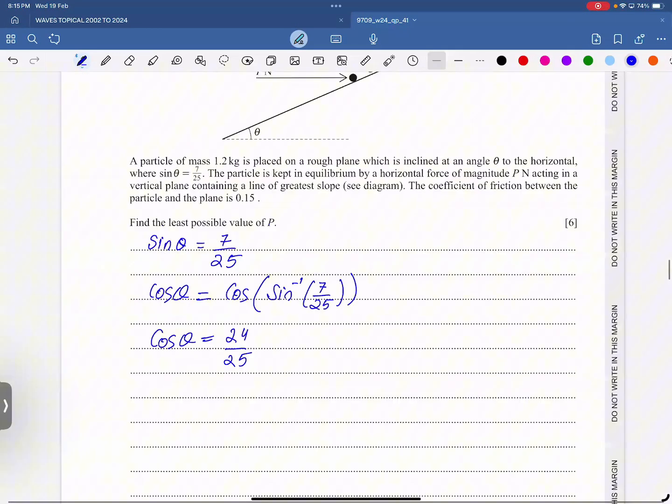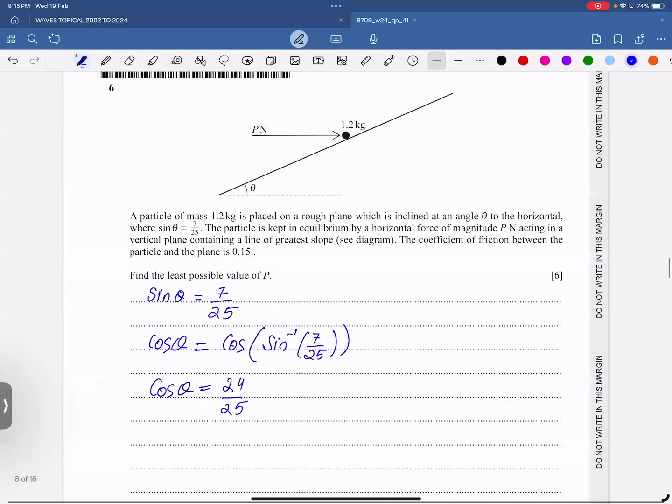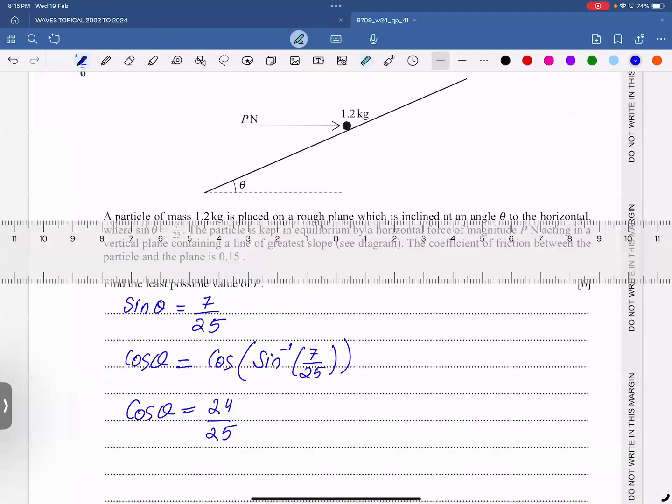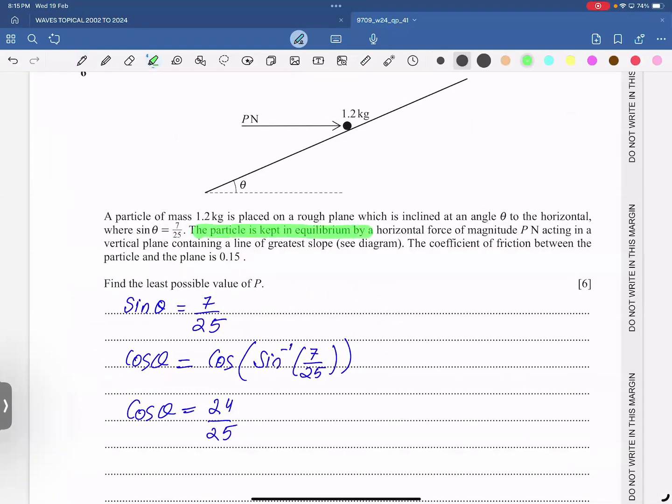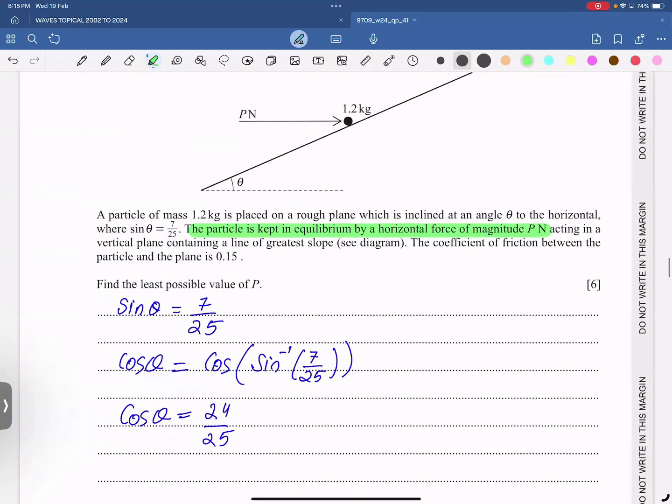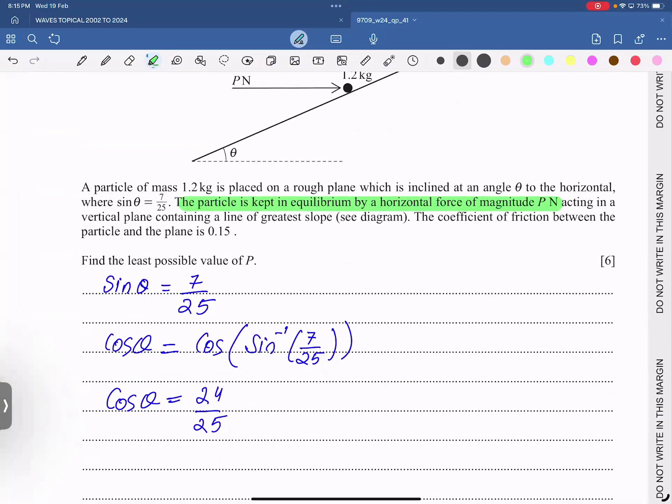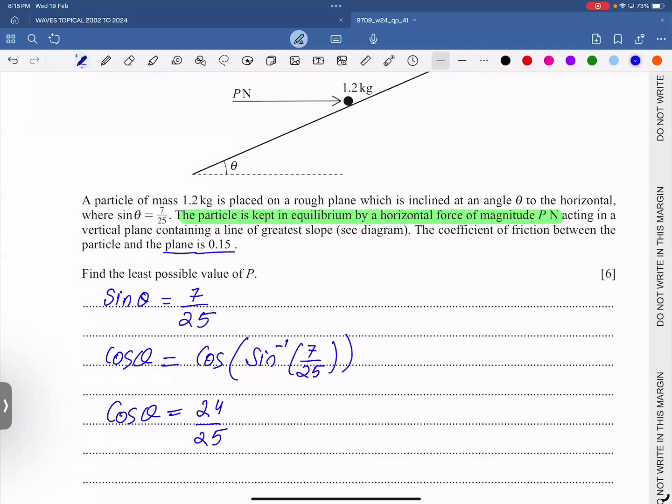Okay. Now we have sine theta, we have cosine theta. The question is, it is in equilibrium, my dear students. As you studied before, question 1 or 2 was also equilibrium. They say in this question it is held in equilibrium on the plane, and the coefficient of friction mu is 0.15.